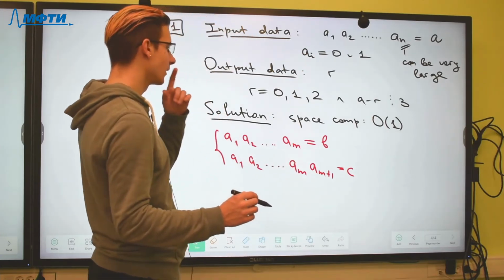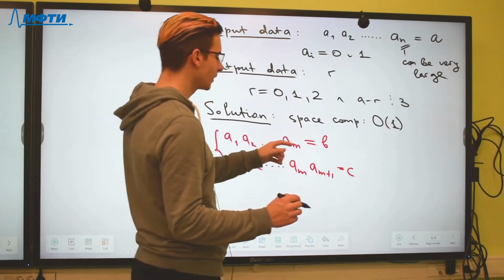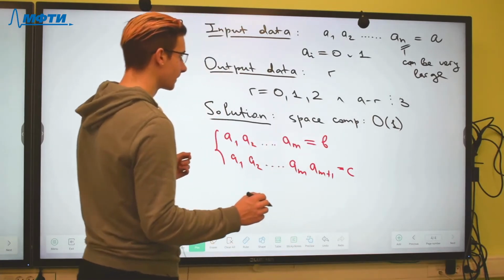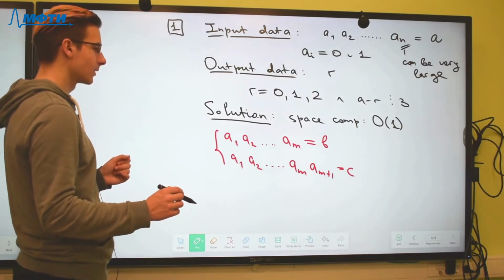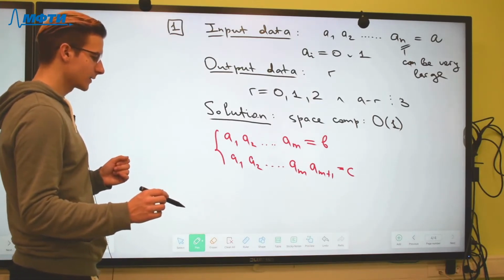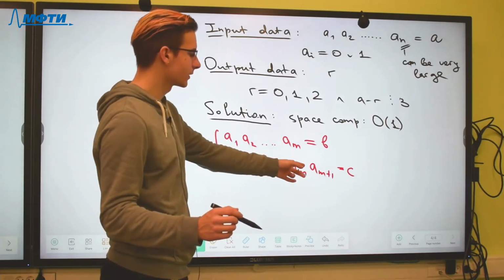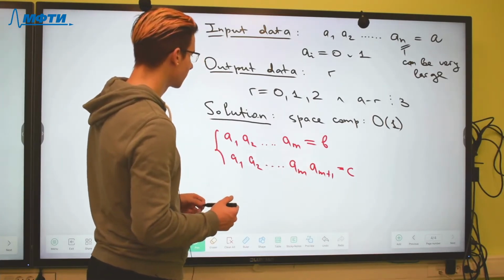And, for example, if we know the solution of the task B, can we find the solution of the C?